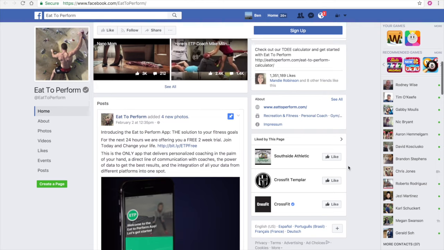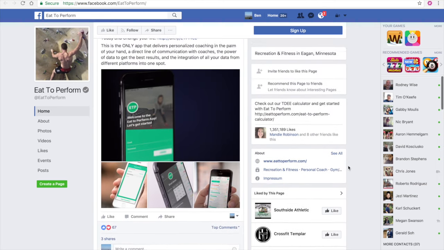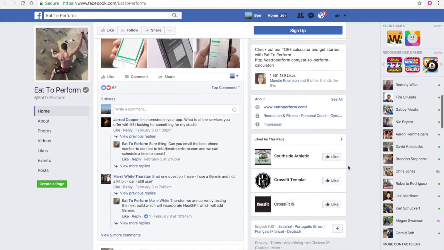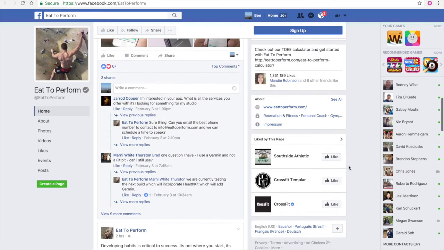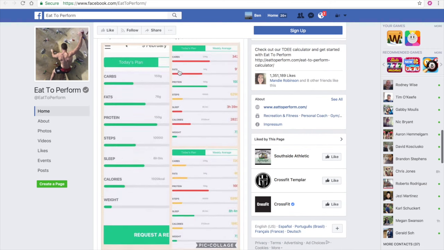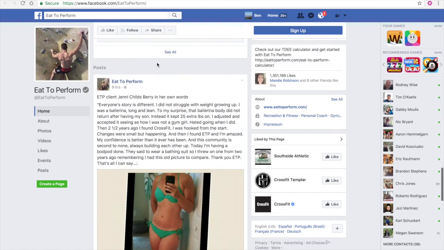So are people liking and commenting and sharing these different posts? So this post did not get that much engagement. And with 1.3 million people on this page, we would expect more than 67 likes. So this page might not be an engaged page. We might not want to target the people on this page because they may not be active users. So only 10 likes. It's not looking good so far.